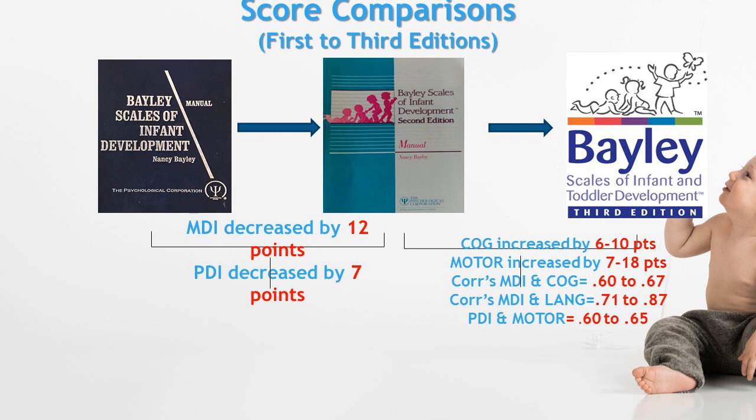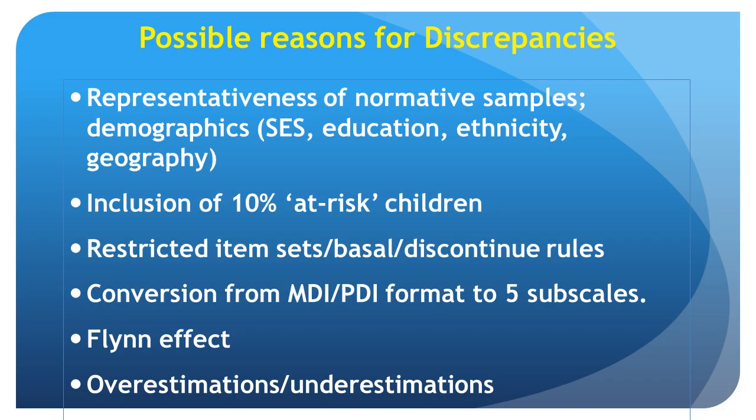And there are various reasons why this might have occurred. Possible reasons for discrepancies include we had different normative samples. The demographics varied: the SES, education, ethnicity, geography. Things changed between 1993 and 2006.